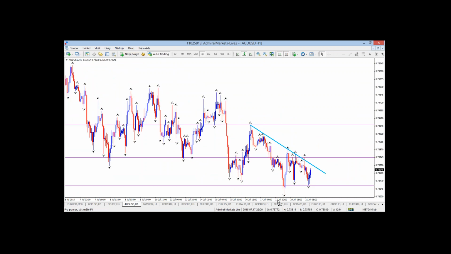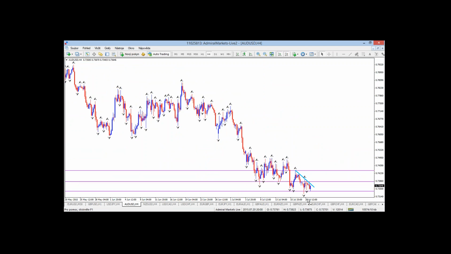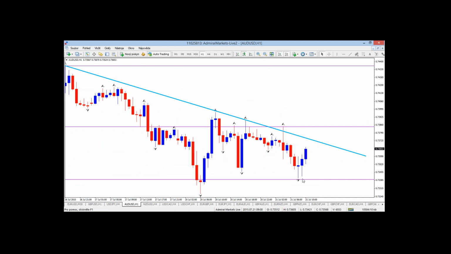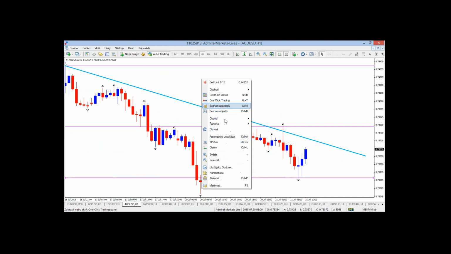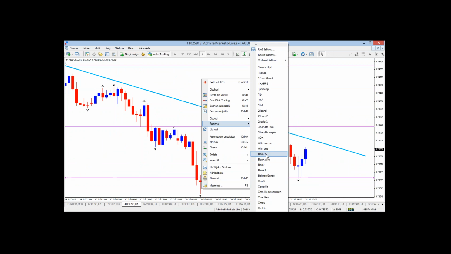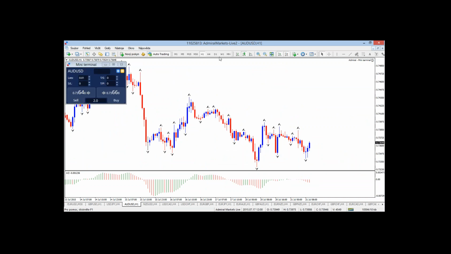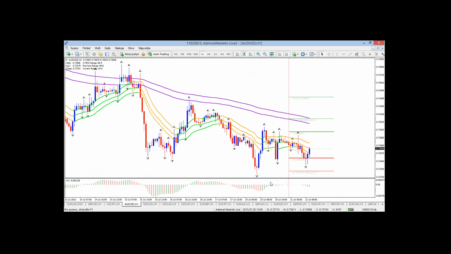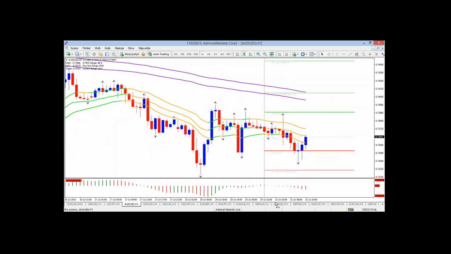Let me see how that would happen. Let's put on the Camarilla. Yeah, you can see that here the moving averages are more aligned to the downside.